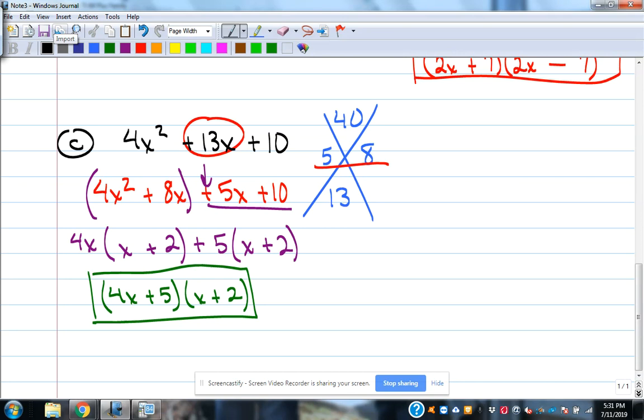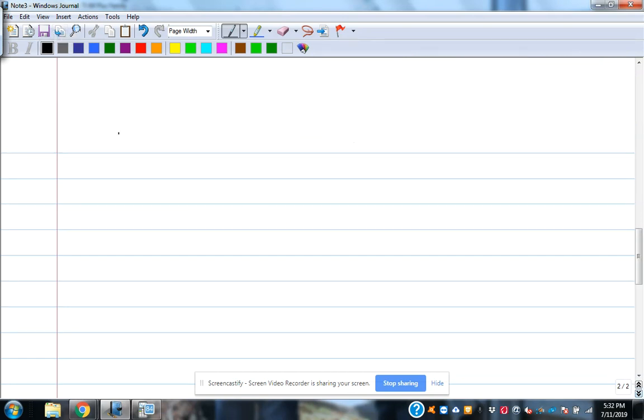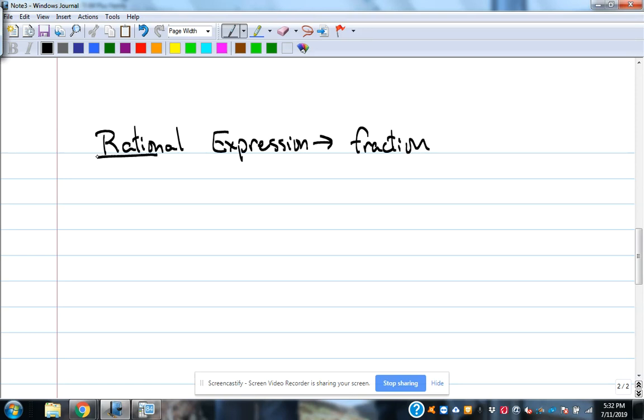So let's get into the rational expressions. And what in the world is a rational expression? A rational expression, it's just a fraction. That's all it is. The first 5 letters of rational are ratio, and ratios are normally written as fractions.